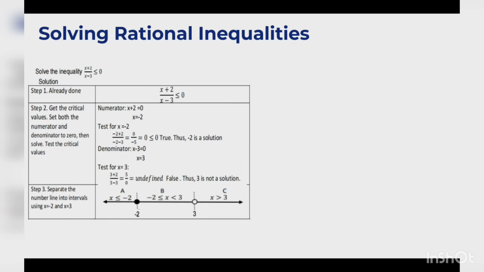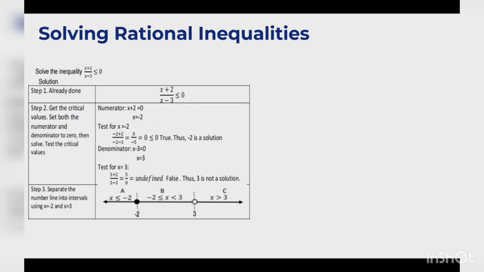So let's say you're given x plus 2 over x minus 3 is less than or equal to 0. You will see here that step 1 is already done because on the right side of your inequality, we already have 0. And then on step number 2, we solved for the critical values of the numerator and then the denominator and tested if they are included in the solutions of our rational inequality.